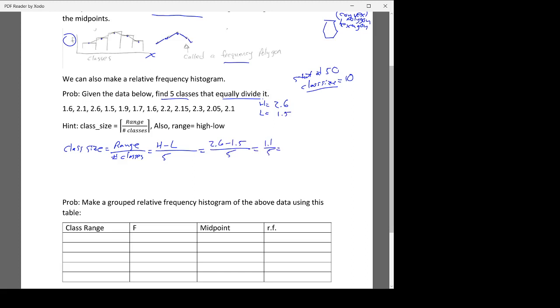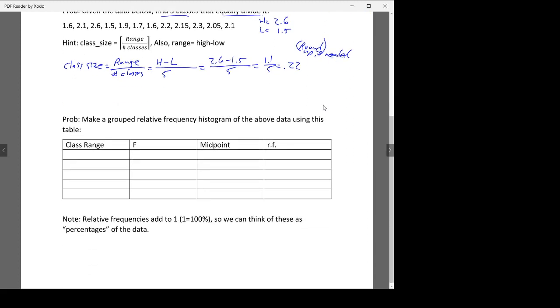Time for a calculator there. 1.1 over 5 is 0.22. And if you have something like 0.3 repeating, you just round up if needed. But don't get too concerned over it. I'll give you things that are pretty reasonable. So there you go, 0.22.